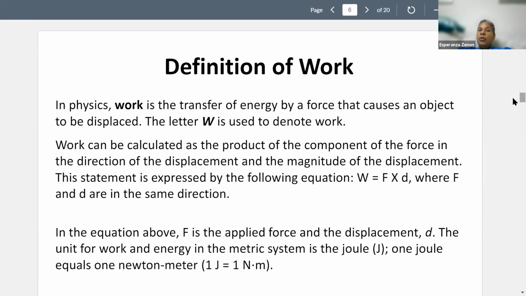So when you're doing work in the physics sense, you have a transfer of energy that causes an object to be displaced by a force. So you apply a force to an object, that object gets displaced.